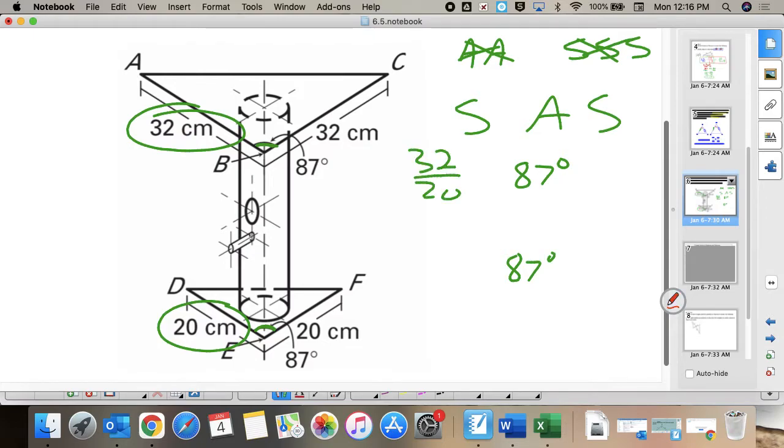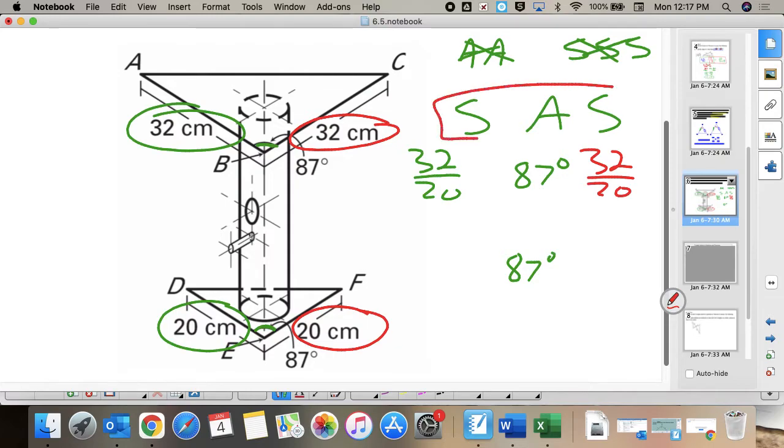And it just so happens in this problem, I made it nice and easy for you. It's a 32 over 20 on the other side also. Right? That is what SAS is going to look like. They don't have to be identical. They just would have to reduce to the same thing. So it's 8 over 5 and 8 over 5 as far as what they would reduce to.